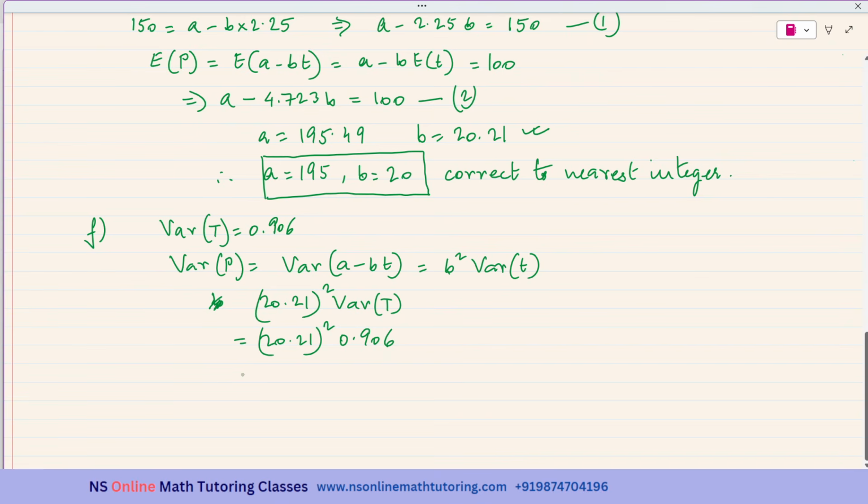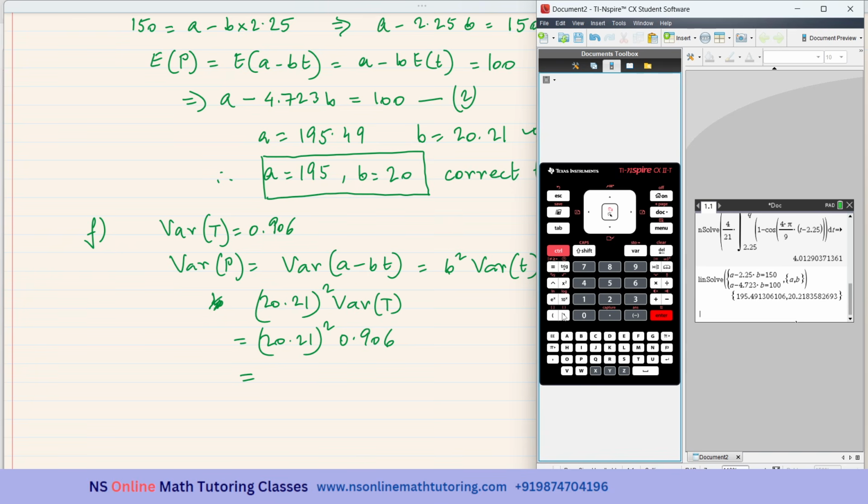Let's see what the value is. 20.21 squared times 0.906. Correct to three significant figures, it is 370.